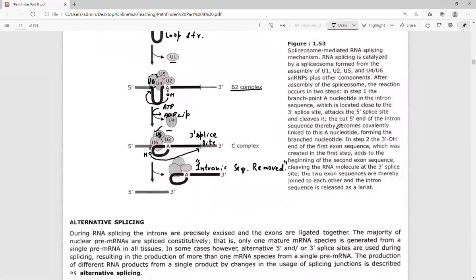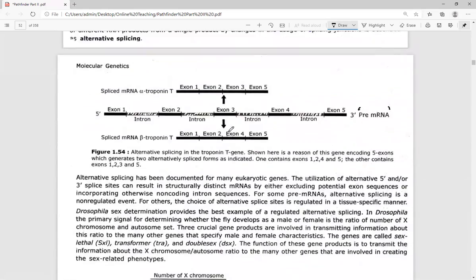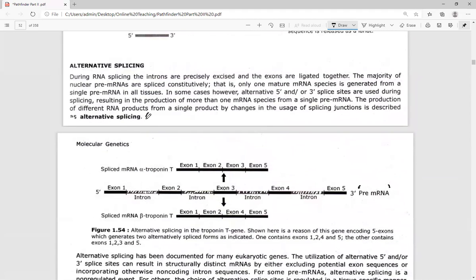For example, if SR proteins bind differentially, then they will catalyze alternate splicing, catalyzed by the differential binding of SR protein.